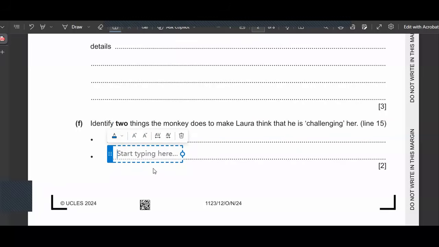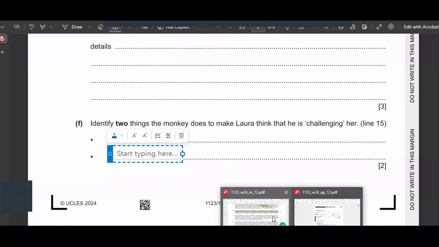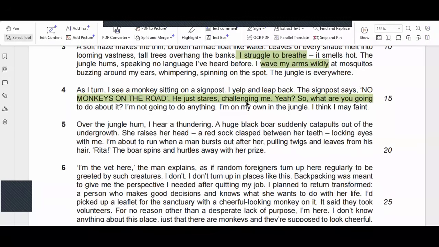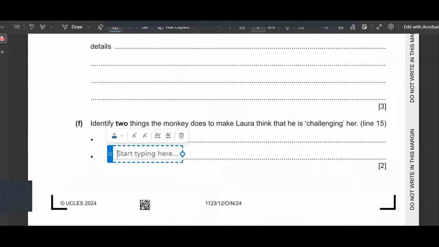If we go back to the text in the context, "challenging me" is basically in continuation to "just stares. What are you going to do about it?" This is making a stronger sense as a second detail. So we can use it here.